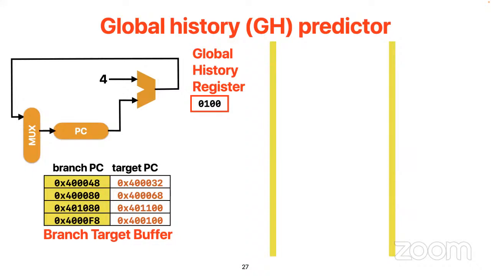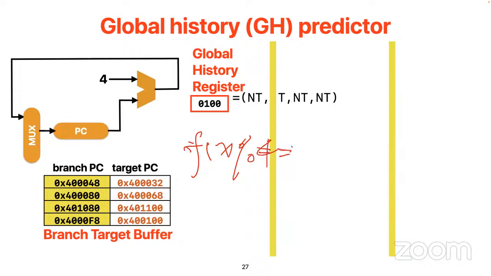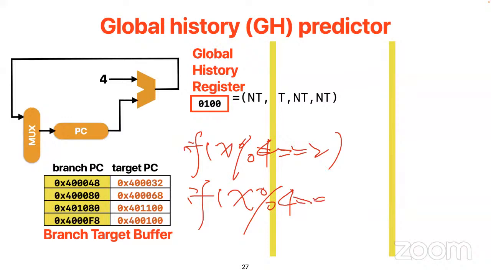So for example, if I have a code saying that if I have some cases like x mod 4 equal to 2, and then another one saying that x mod 4 equal to 0, right?